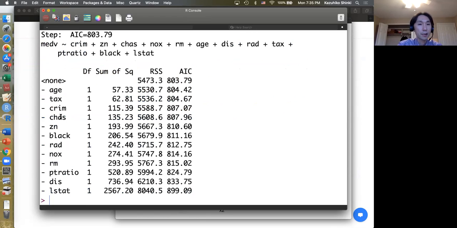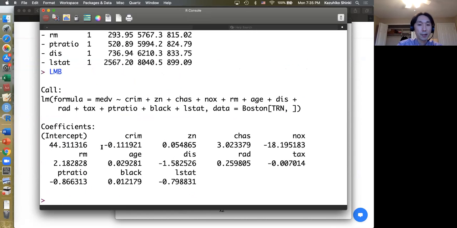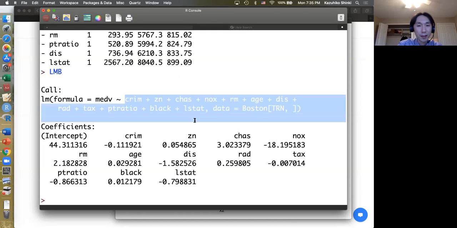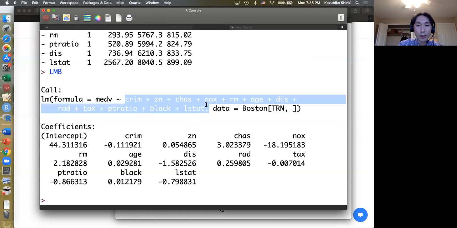Actually, many predictors remained, almost everything. So we have 12 predictors. Originally we had 13 candidate predictors, and we only dropped 1.